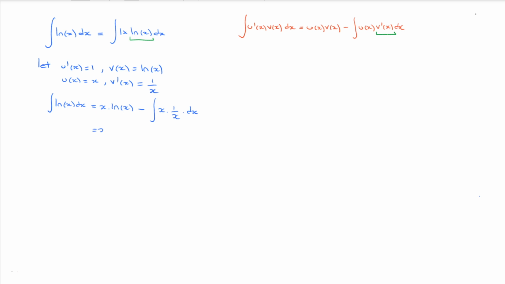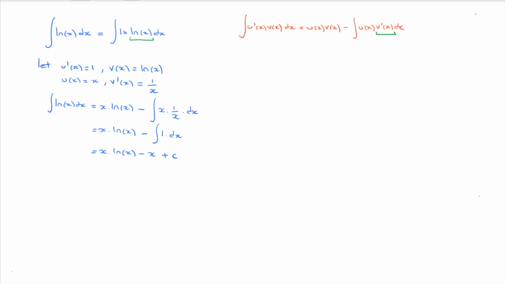That is equal to x times ln of x minus the integral of x over x, which is just 1. And the integral of 1, well, that's easy. That's just x. So we can go ahead and state that this is equal to x times ln of x minus x plus some constant of integration, c.